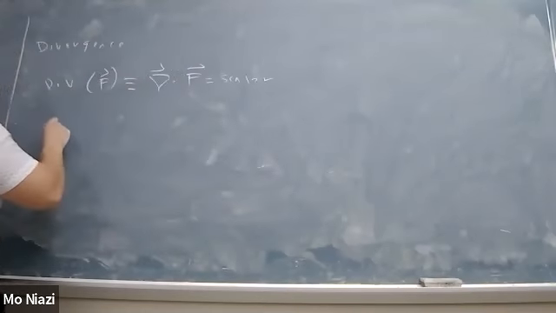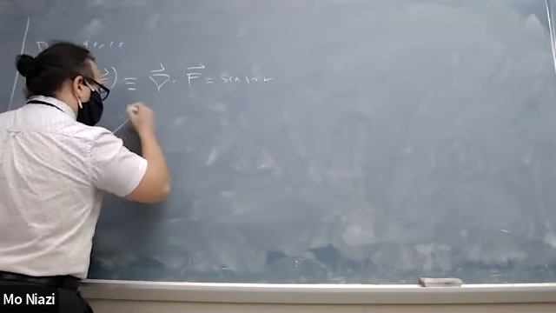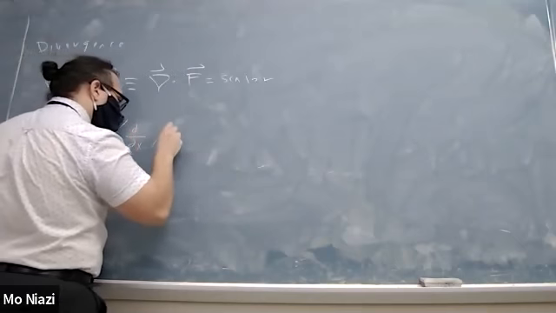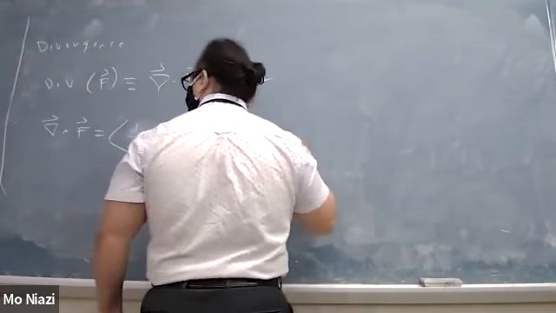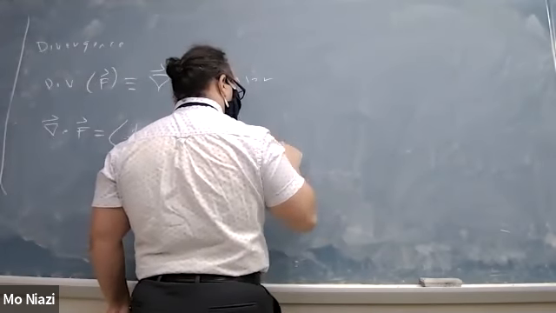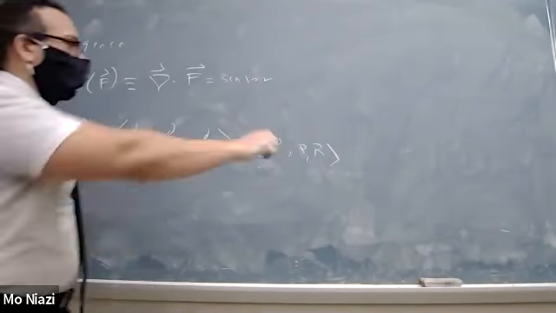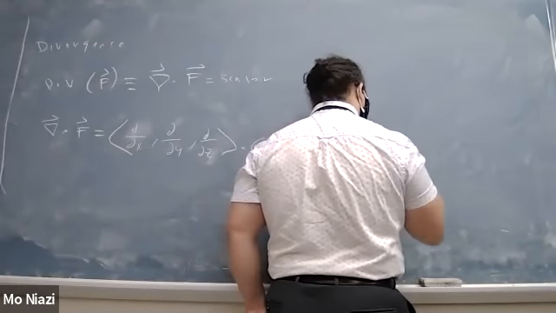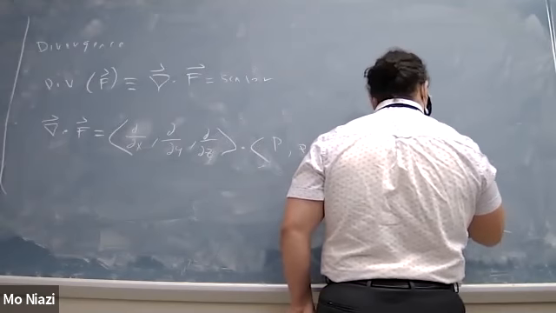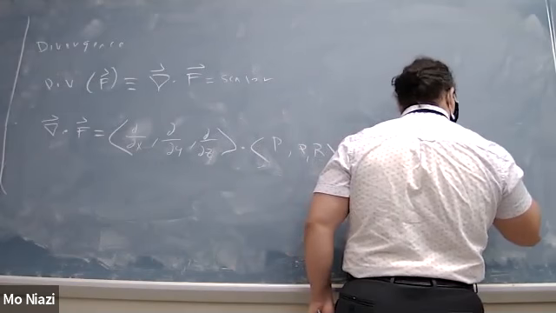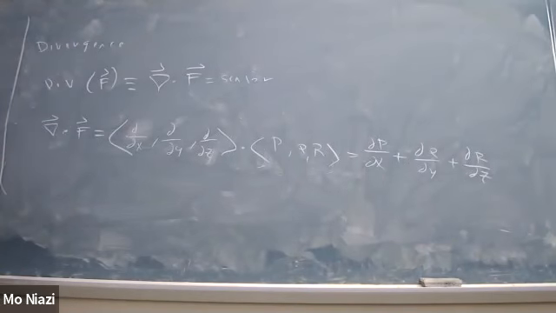What does this mean? Some f, if it's like some p, some q, and some r, then it's going to be equal to partial p, partial x, plus partial q, partial y, plus partial r, partial z. It'll be the scalar of that.